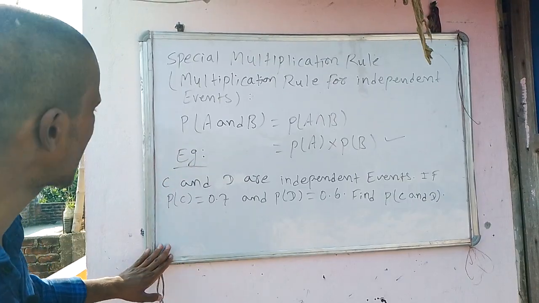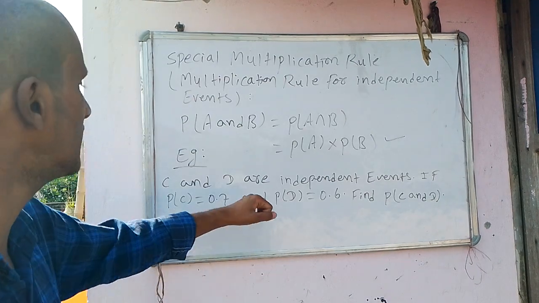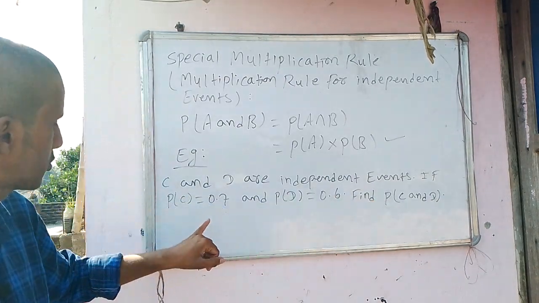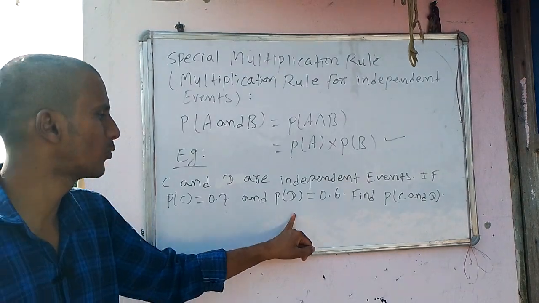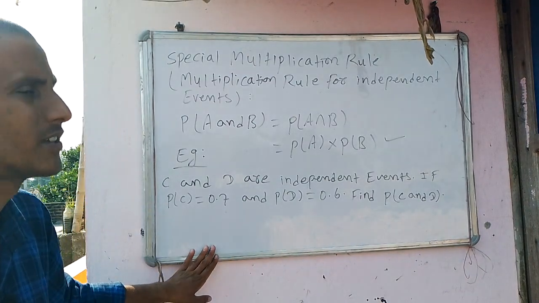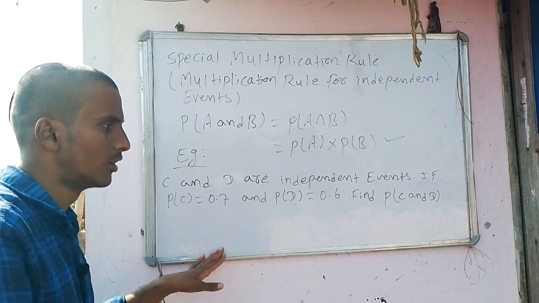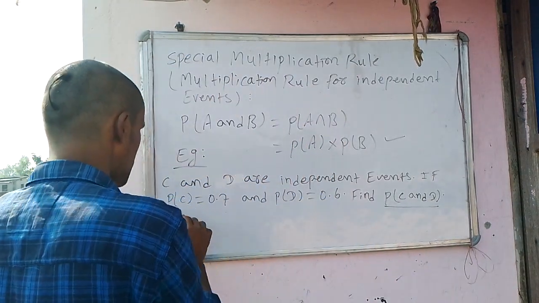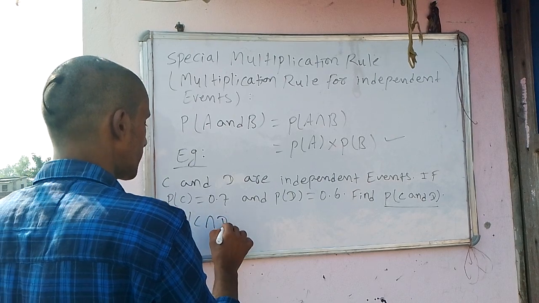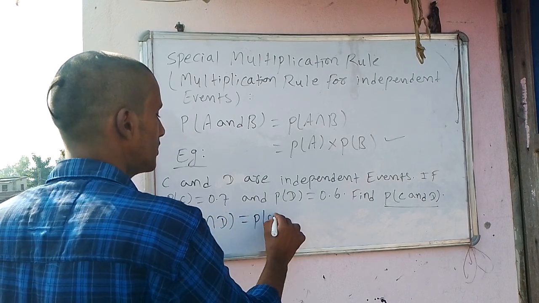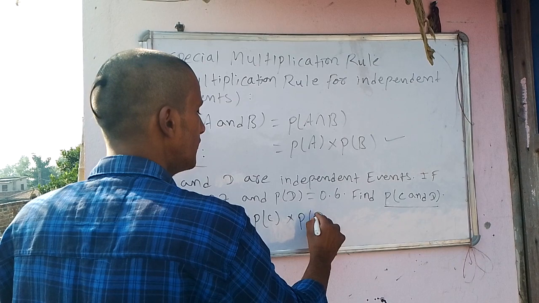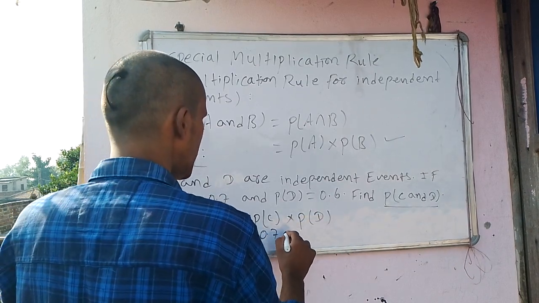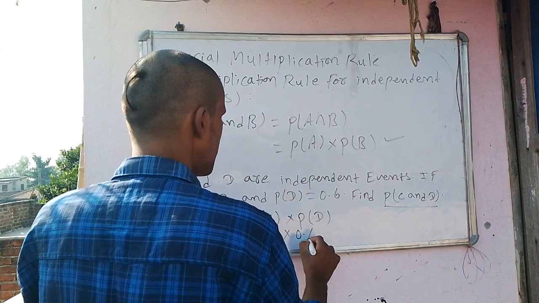The example problem is this: C and D are independent events. If the probability of C is this and the probability of D is this, find the probability of C and D. This implies intersection, so the probability of C intersection D is the probability of C times the probability of D. The probability of C is 0.7 and the probability of D is 0.6.